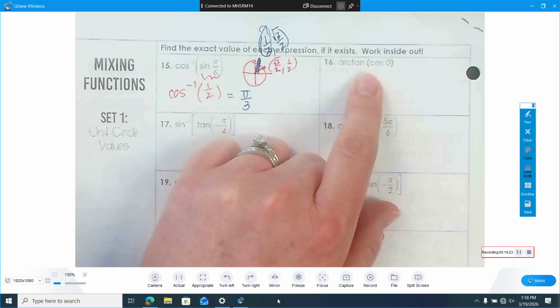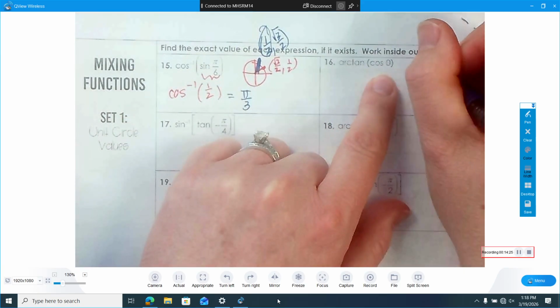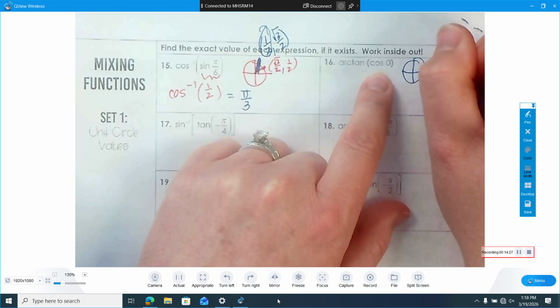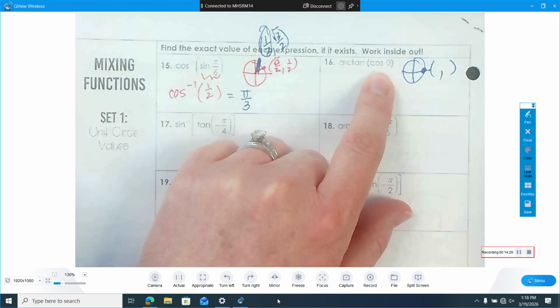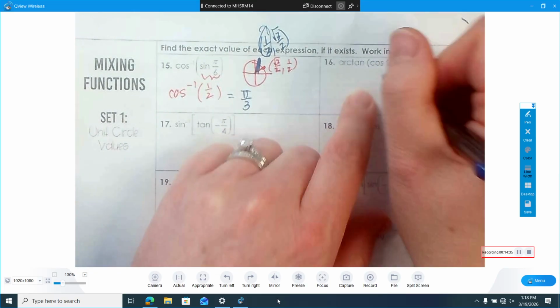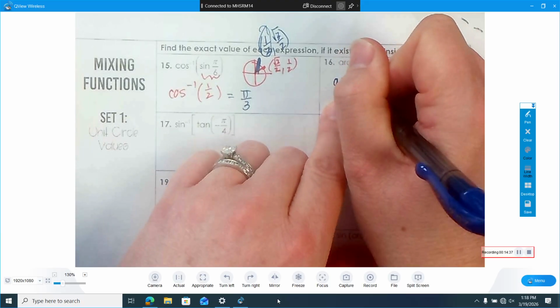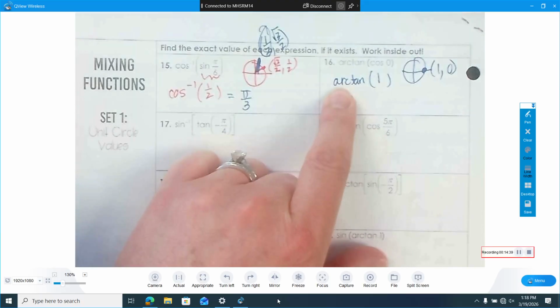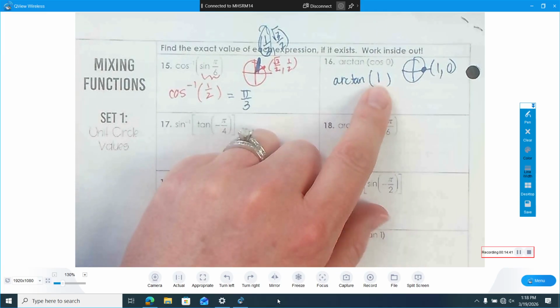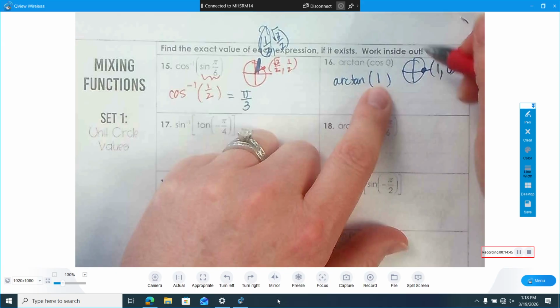All right, let's look at number 16. The cosine at 0. What's the ordered pair here at 0? 1, 0. All right. What is the cosine of 0? 1. Okay. All right, and now arctangent. What angle has a tangent ratio of 1? Pi over 4.